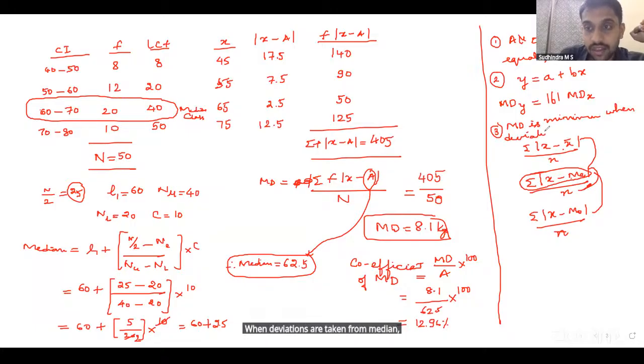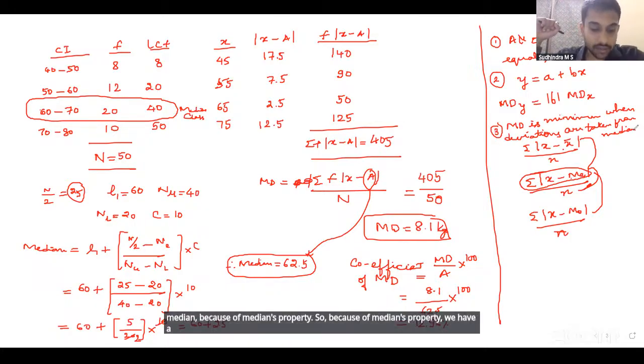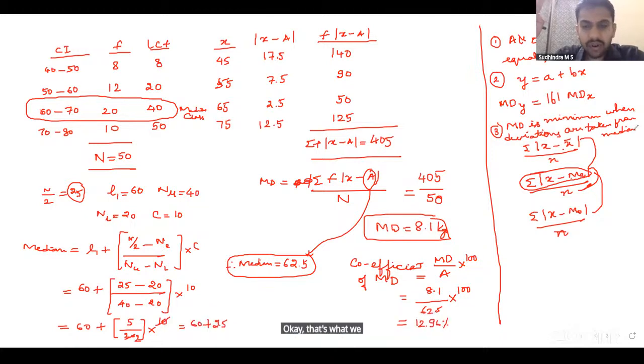Yes. Mean deviation is minimum when deviations are taken from median because of median's property.